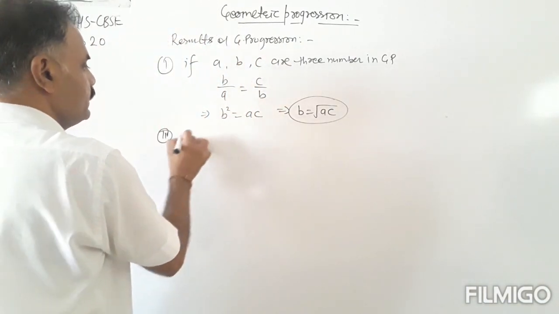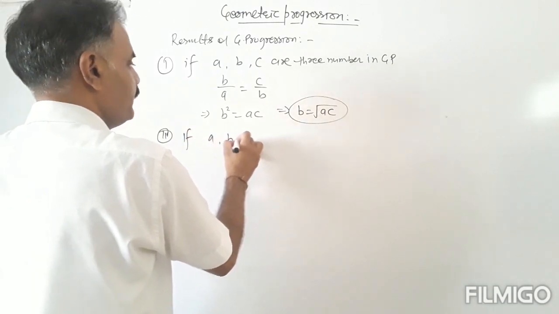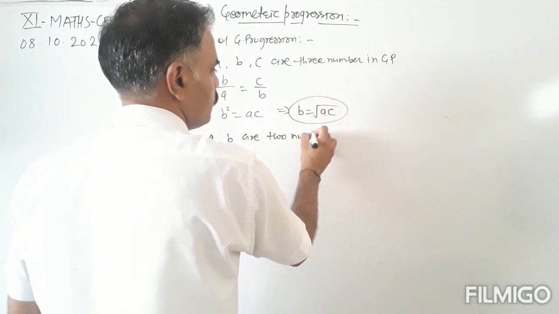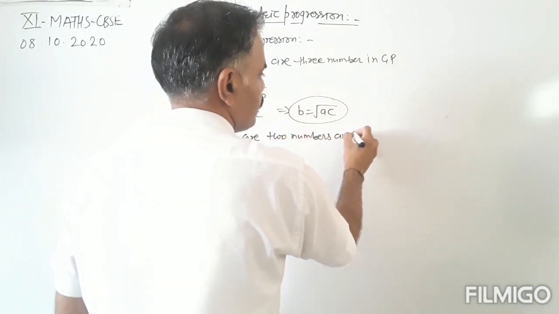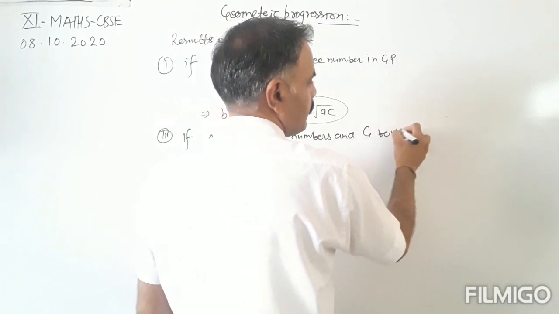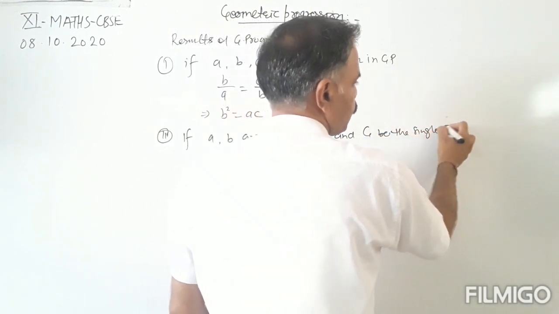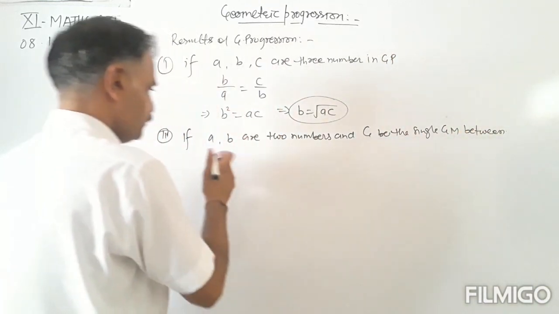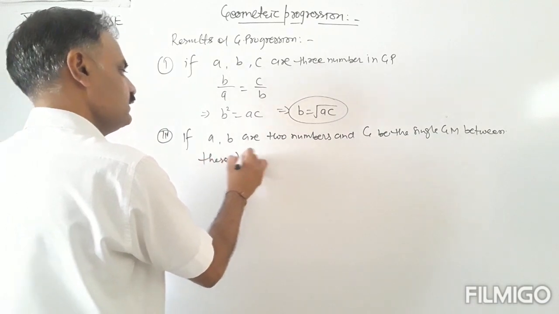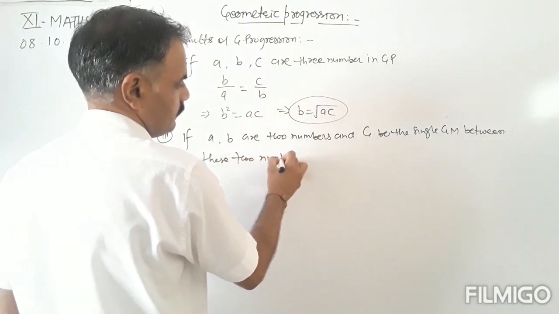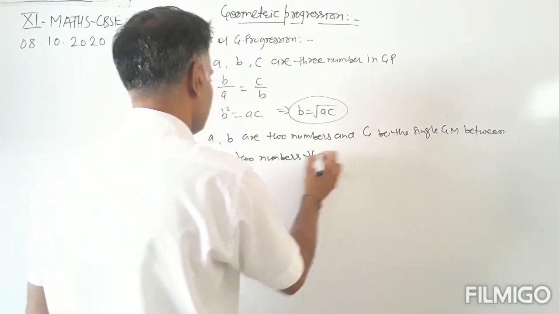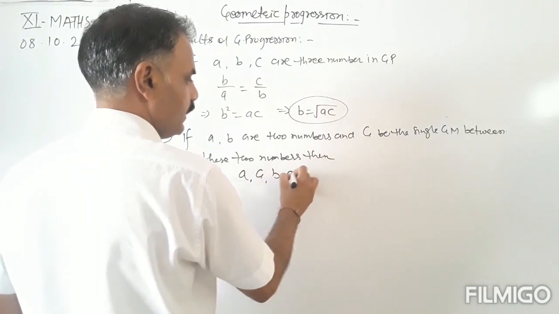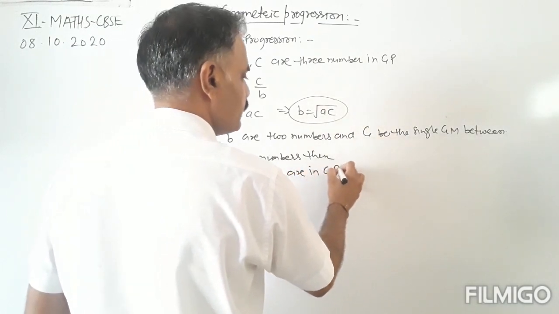The second property is: if a and b are two numbers and G is the single geometric mean between these two numbers, then a, G, b are in GP.